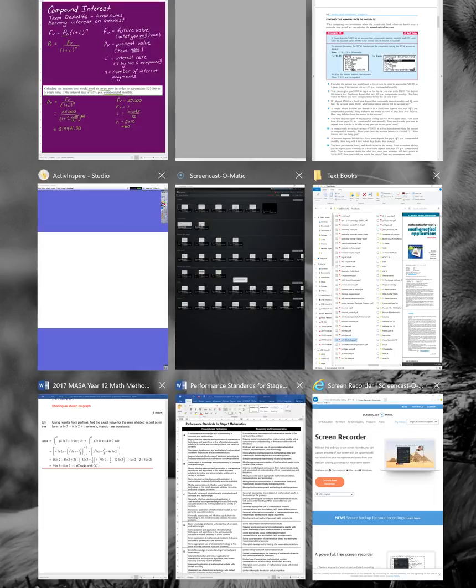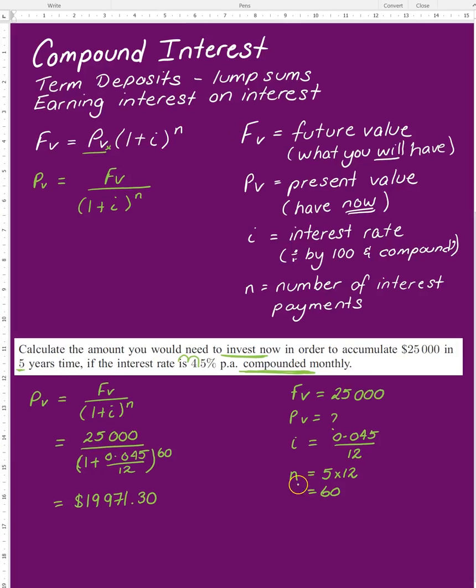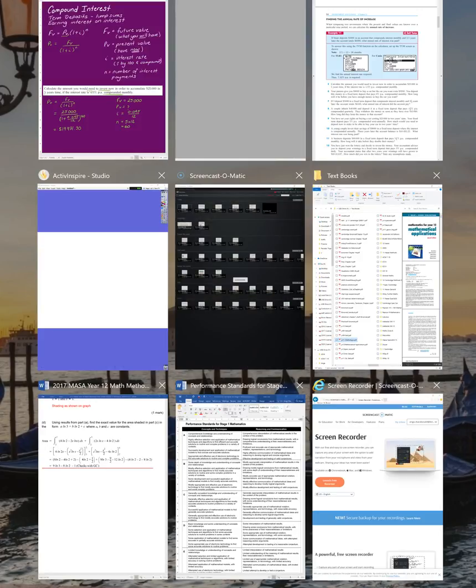I would also like you now, as you're doing some of these questions, to go and check on here. So how does this work if we use the financial function in our graphics calculator? We come back once again, we're going to go to compound interest, so we press F2 and we type in, what was our N? 5 times 12.